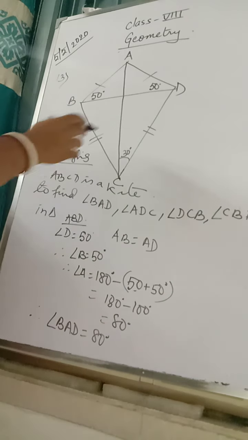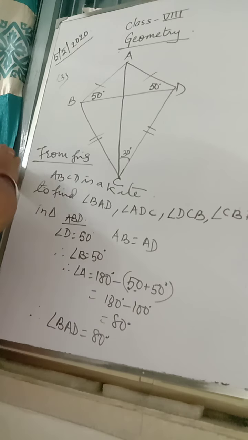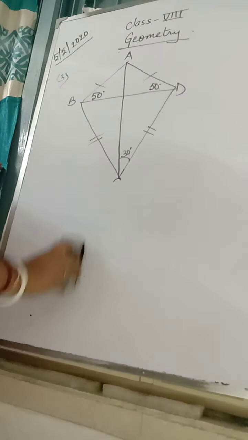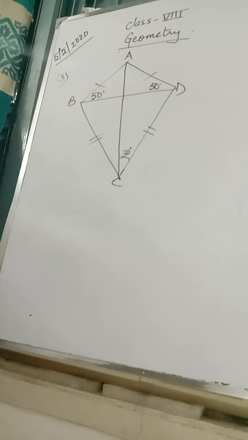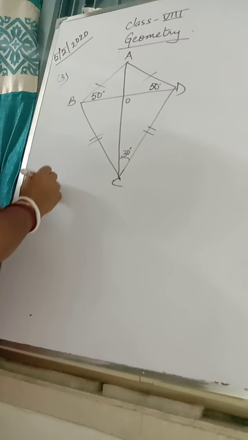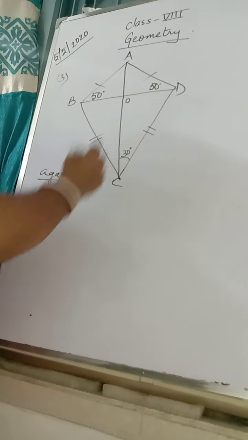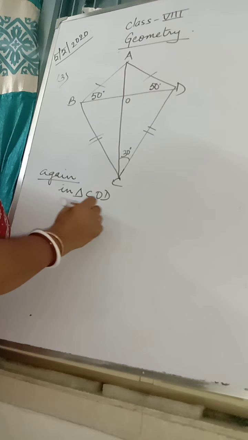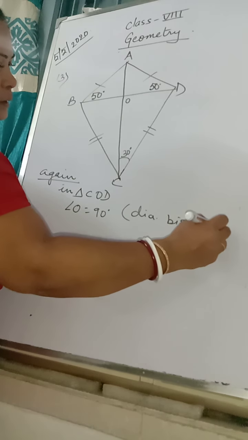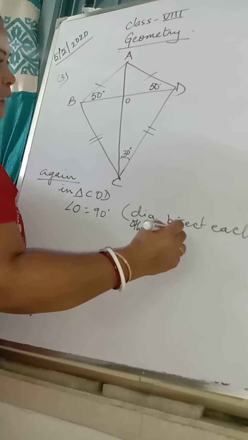Again, in triangle COD, angle O is 90 degrees as the diagonals bisect each other at 90 degrees.